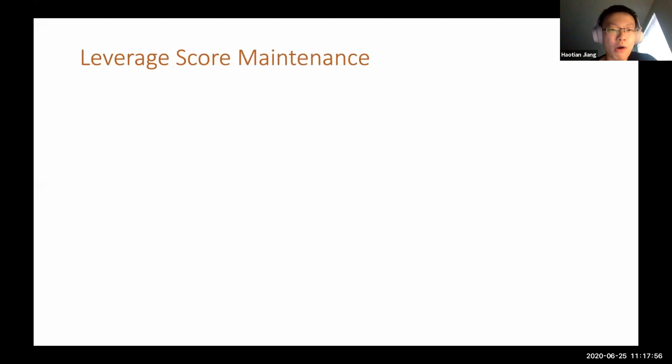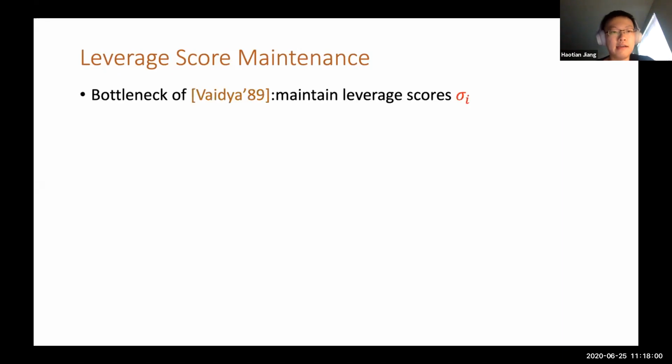Let me spend maybe one minute to briefly talk about what this leverage score maintenance is. This is our key technique. The bottleneck of the previous algorithm by Vaidya is to maintain certain leverage scores. What are these leverage scores?